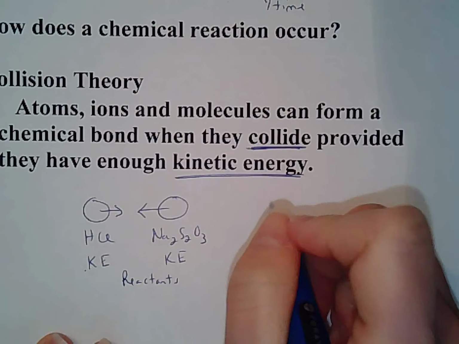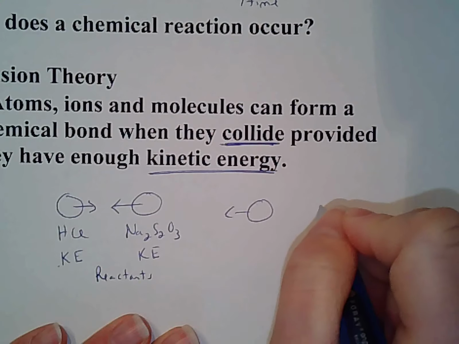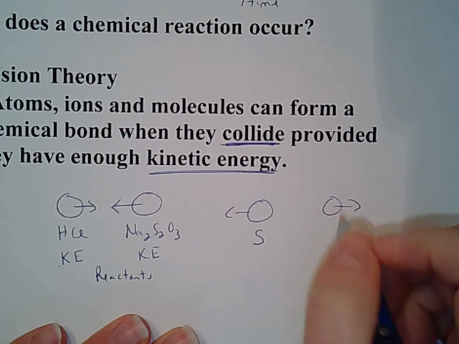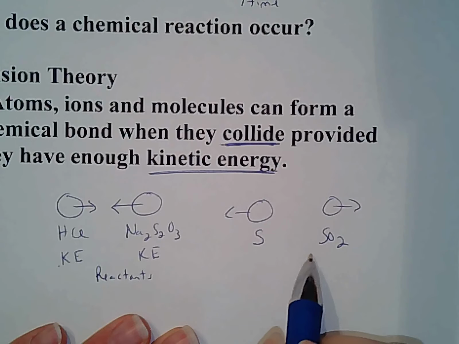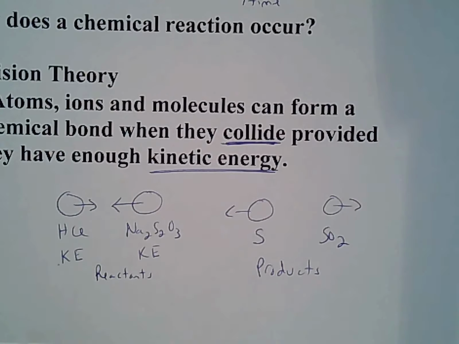After the collision, this is going in this direction, this is going in that direction. I have produced sulfur and I've produced sulfur dioxide. These are going to be my products. So using the sodium thiosulfate example, I have now created products.